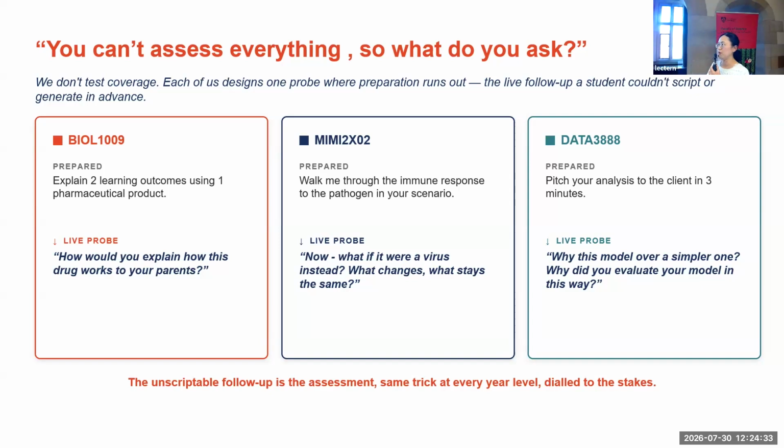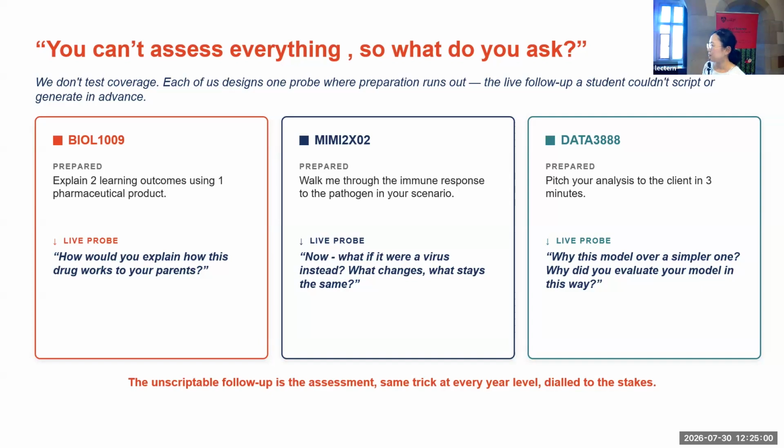But then we'll throw them a curveball and say, "Actually, this is a secondary infection that was a result of a primary viral infection. So how would you hypothesize the immune response works that leads to this secondary bacterial infection?" So this actually probes students' real-life and real-time understanding and not just rote learning of the lecture content.